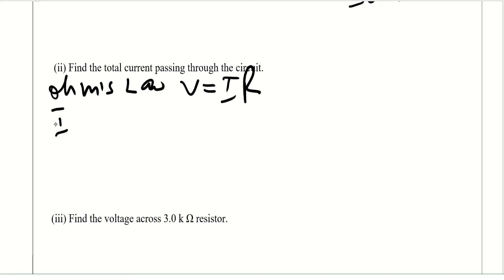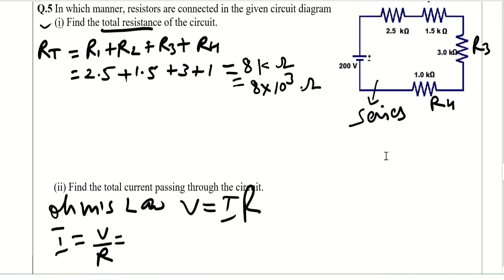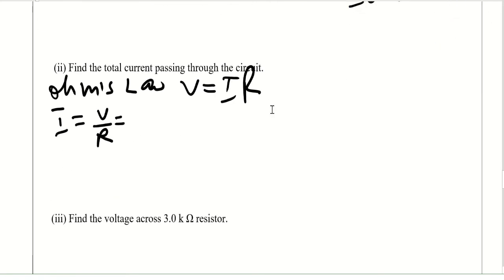From this formula you can take I on one side, so I equals V over R. The source voltage here is 200 volt, and the resistance is 8000. Let's calculate the current: 200 divided by 8000, and the answer is 0.025 ampere.